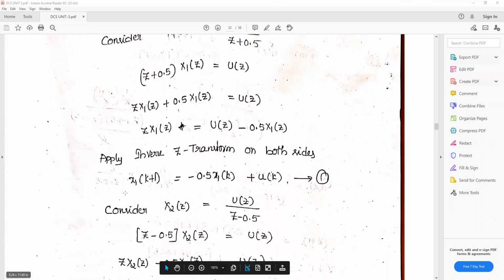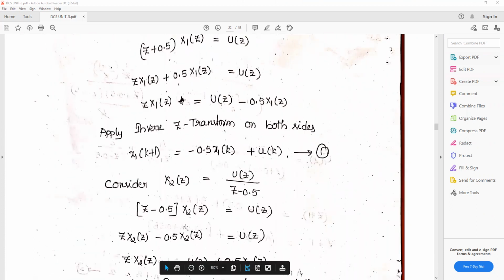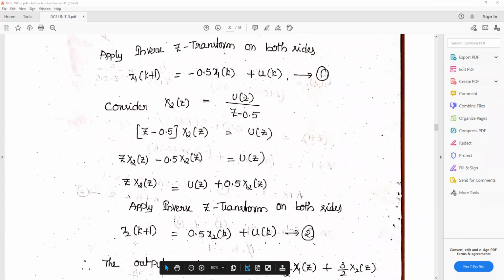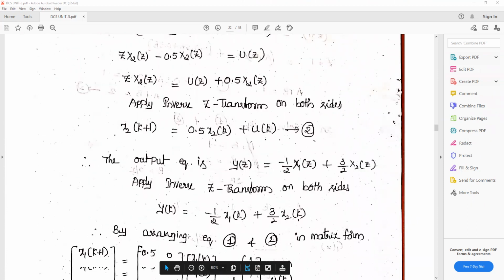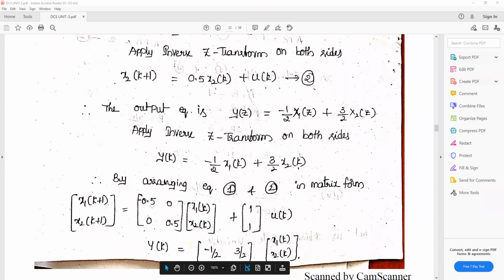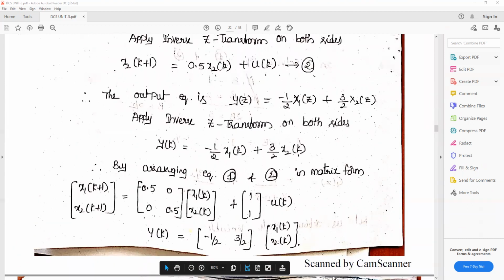So x1 of k plus 1 and the same for x2 of k plus 1. So construct the state model: minus 0.5, 0, 0, 0.5, x1 of k, x2 of k, and 1, 1. This gives the y values. So this is the diagonal canonical form.